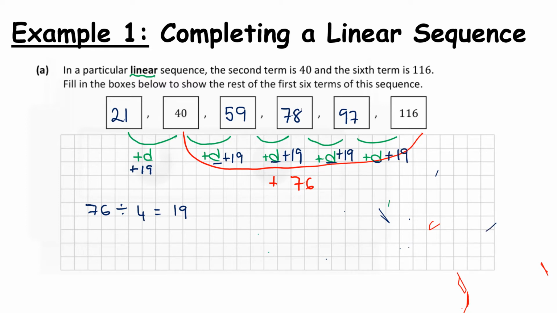So it's not necessary to have the first term. We might be given a term in the middle, and also if they give us 2 terms, knowing that it's a linear or an arithmetic sequence allows us to figure out that rule or what that common difference is.